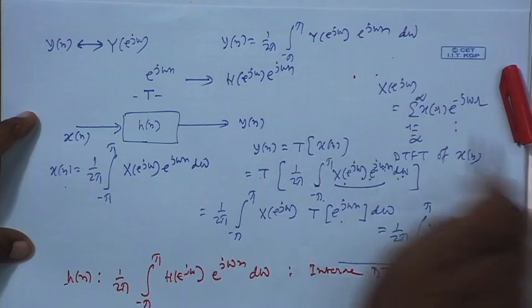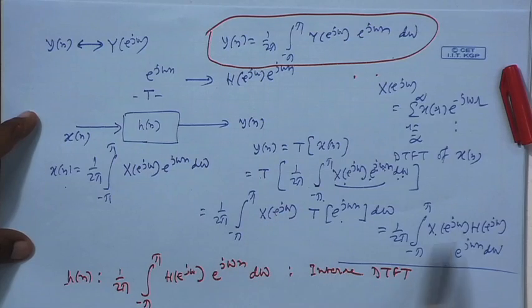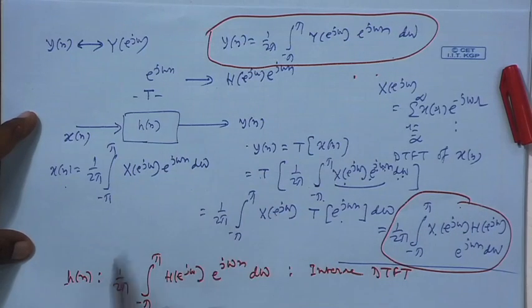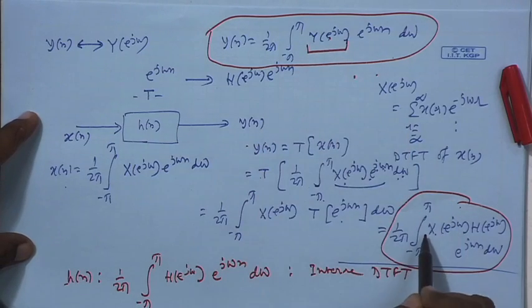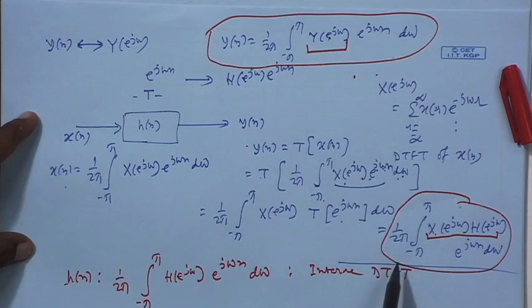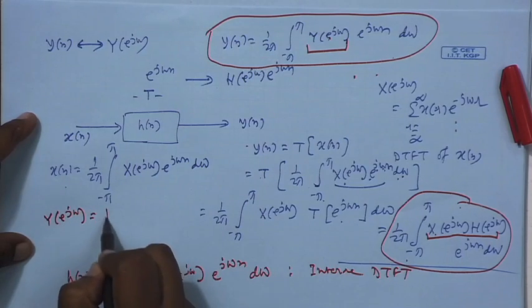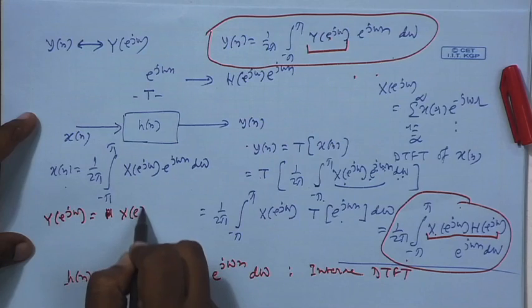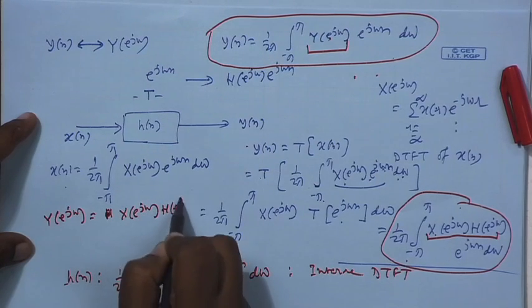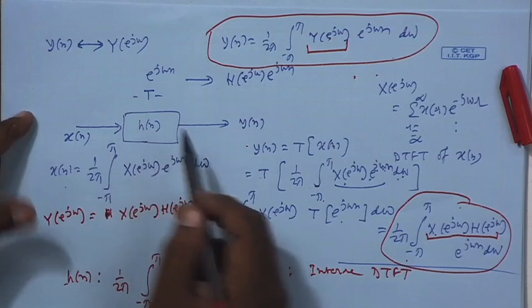You take this yn, again take this also yn. So, if you compare these two, you will see this is the same as this. So, from here you can get that the output DTFT is the product of the input DTFT and the DTFT of the impulse response or unit sample response, which is called the transfer function.